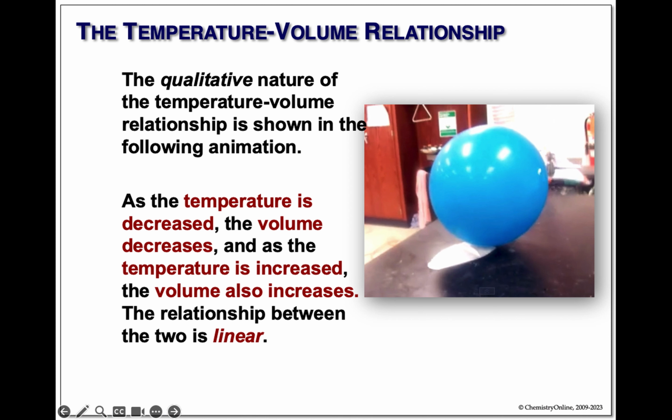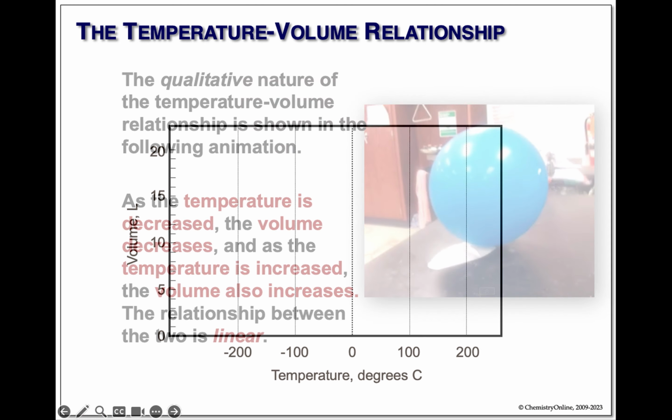So, before we look at the actual mathematics of it, let's do something a little more scientific than simply mess with a balloon. Balloons are fun, nitrogen is fun, but if we were to do this in the lab, we would take samples of gases.